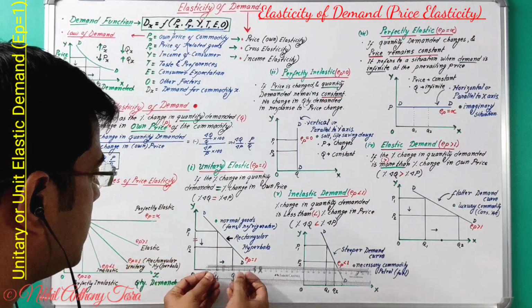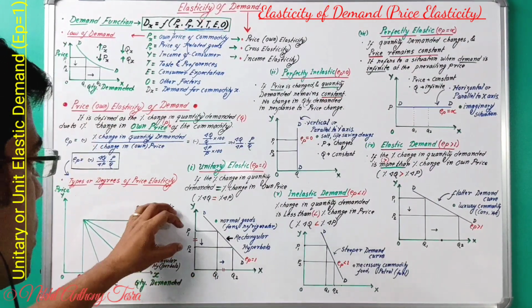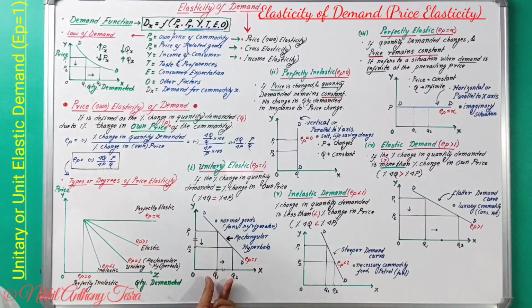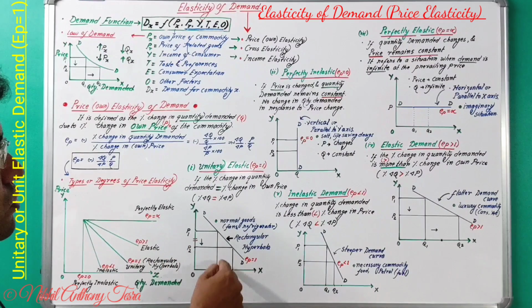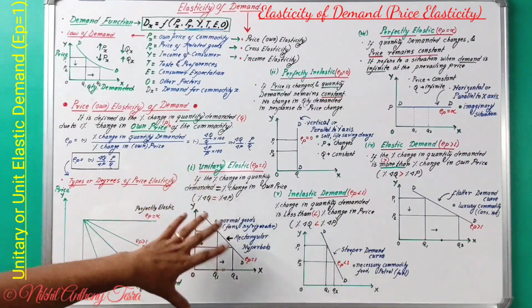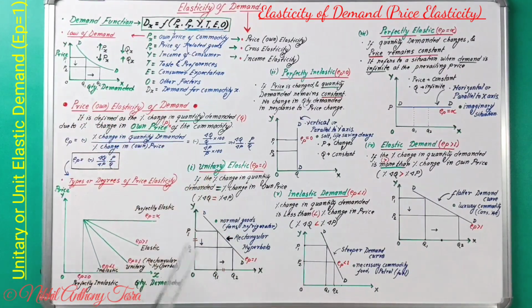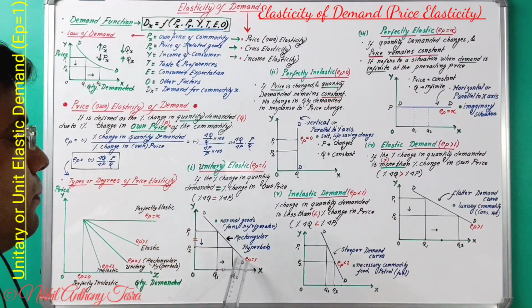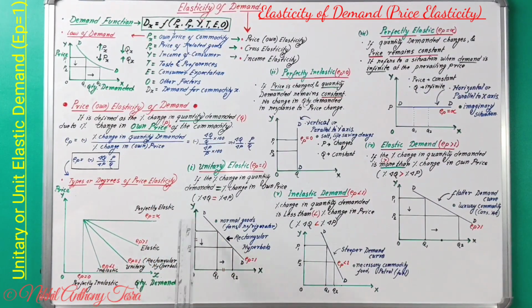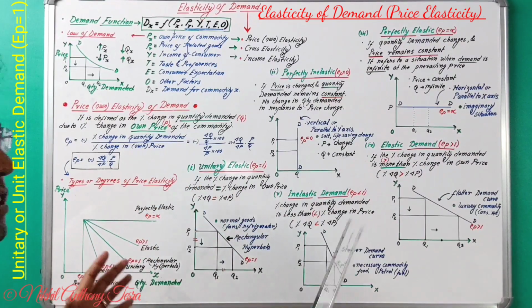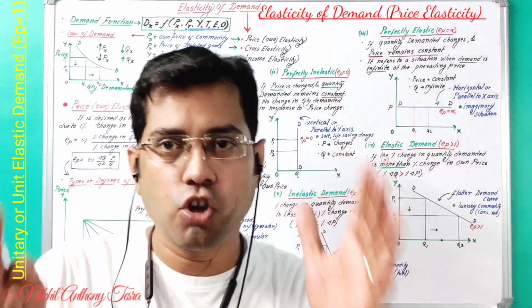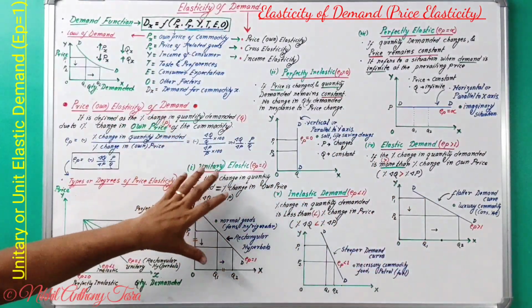So change in price is equal to change in quantity demanded, and we have the unit elastic or unitary elastic curve, where EP equals 1. So DD is a demand curve with EP equals 1, and examples like fans, lights, refrigerators, all the normal goods come under this unit elastic.